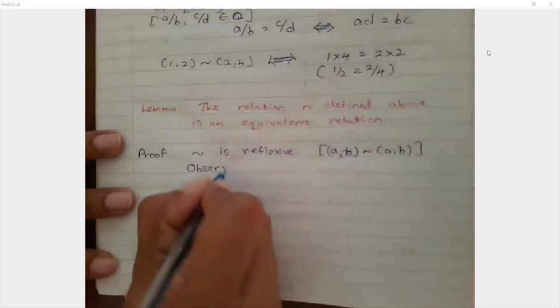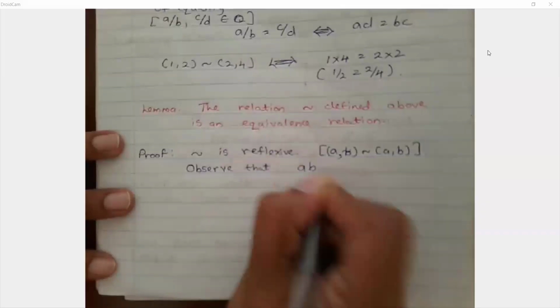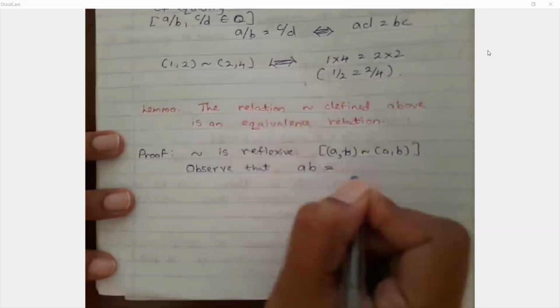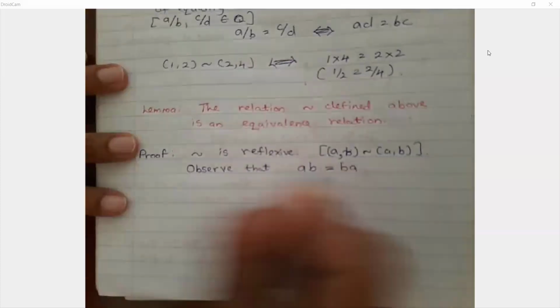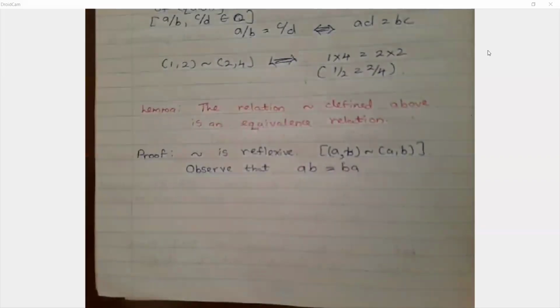Now observe that A times B is equal to B times A, for elements A and B that we take from D. Why is that? D is an integral domain. That means, sorry, it's a commutative ring first of all, right? So this commutativity of the multiplication allows us to write AB to be the same as BA.